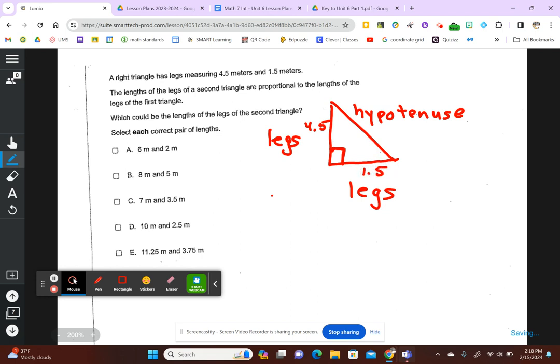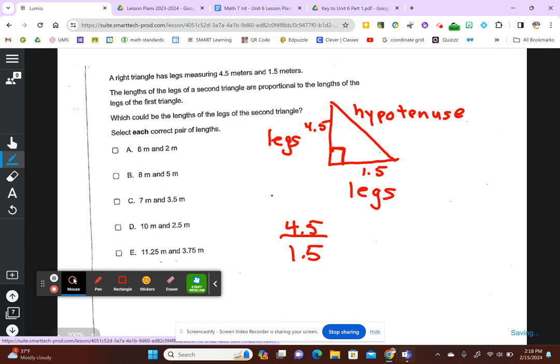So the lengths of the legs of the second triangle are proportional. So that means they would be similar. So which could be the lengths of the legs of the second triangle? So the way we're going to do this is we're going to say 4.5 is to 1.5.